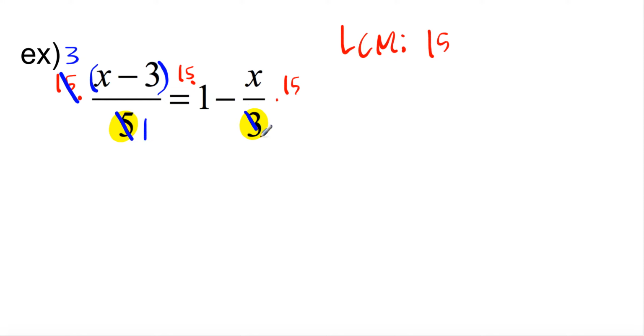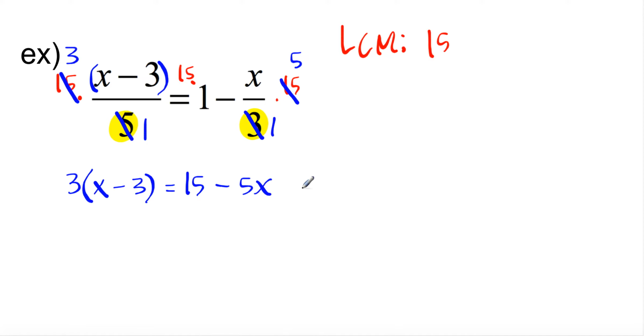And our last term, 3 goes into 3 once, 3 goes into 15 5 times. All right, so bring down your 3, and then bring down x minus 3 in the parentheses, because that's one quantity, equals 15 times 1 is 15, minus x times 5 is 5x.